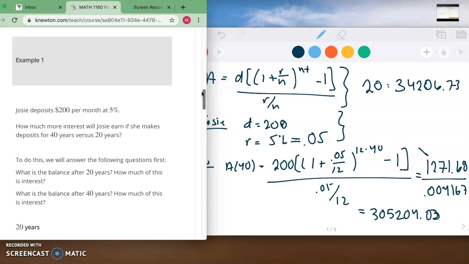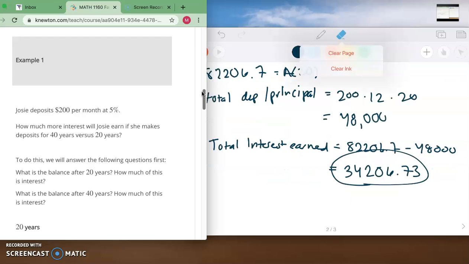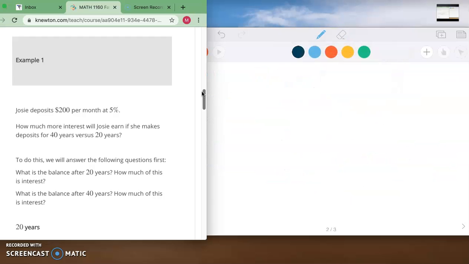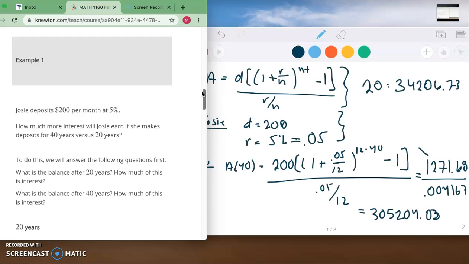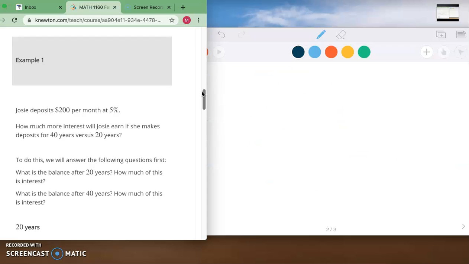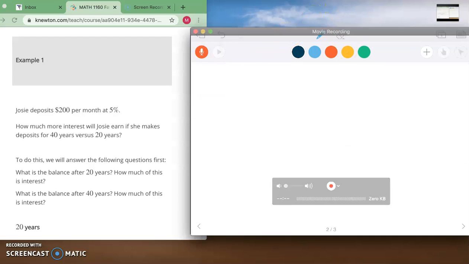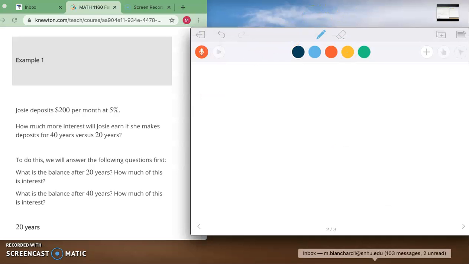So now, just like we did last time for 20 years, we need to figure out how much we invested. So here, let's go ahead and write that number up on the second page. Sorry for going back and forth. We have 305,204.03. So that was our total amount after 40 years. So what we need to do is find out how much we invested.